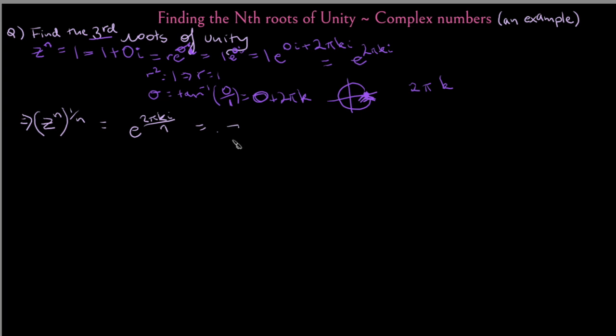Of course, this is the same thing as the power of 1 over n. So we know that z to the power of n, nth root, is just equal to z. So we've said that z is equal to this thing, and we want to find out what z could possibly be.